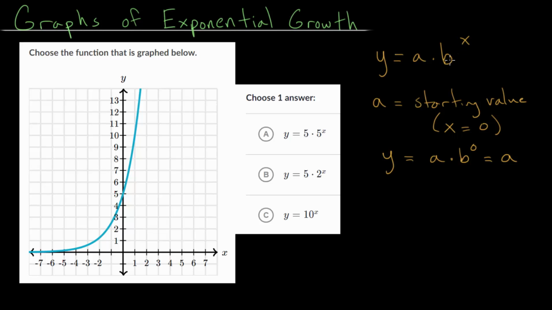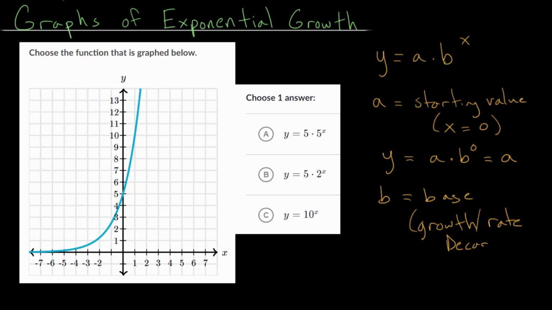And then b, that is our growth rate. So b in these equations is also known as the base, but you can think of it as how quickly the exponential function is growing. So it's the growth rate, or in some cases, it is the decay rate.